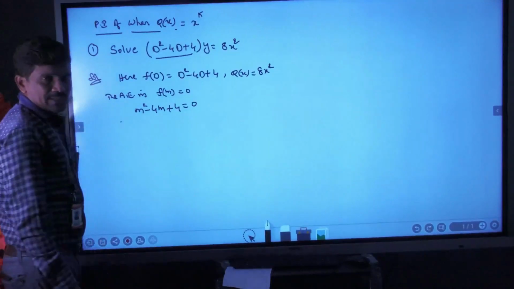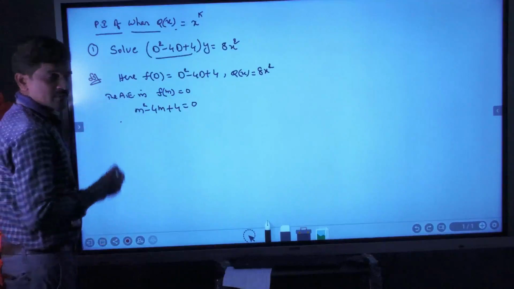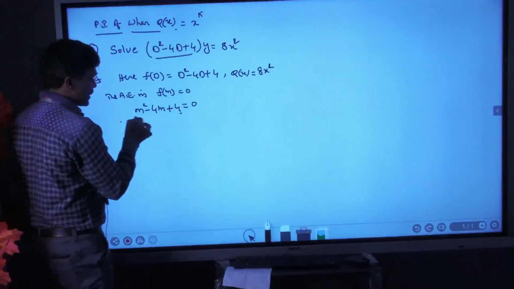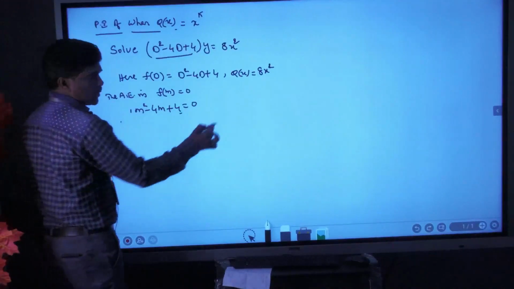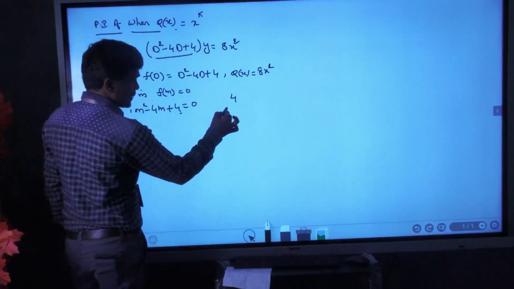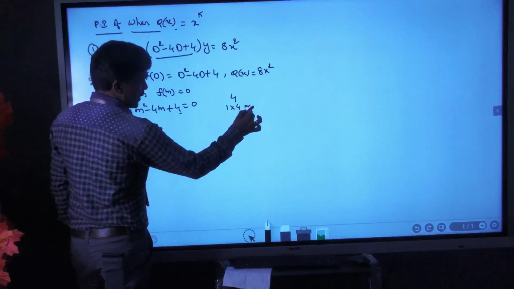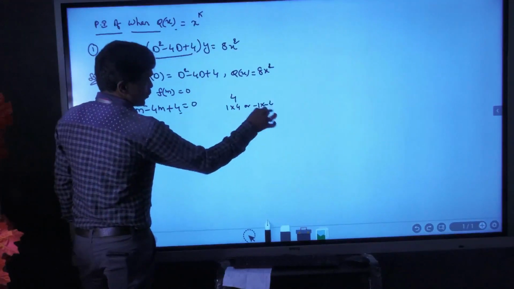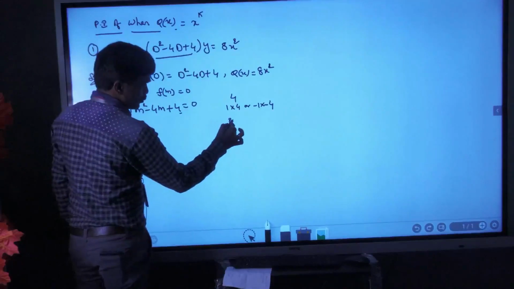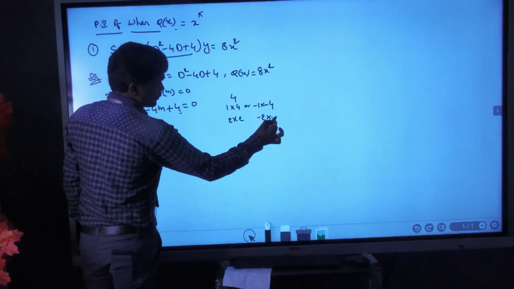Now it is clearly a quadratic equation. To find the roots of this equation, here the constant term 4 can be written as 1 into 4, so minus 1 into minus 4, then 2 into 2 or minus 2 into minus 2.